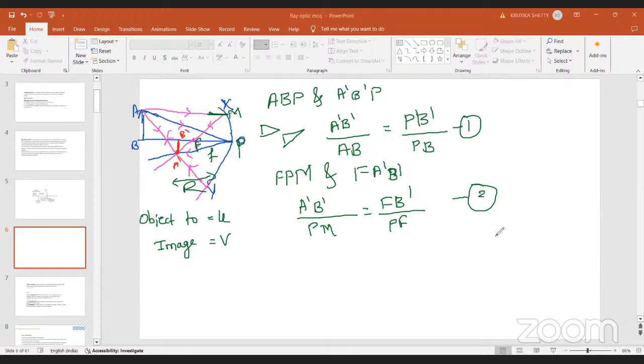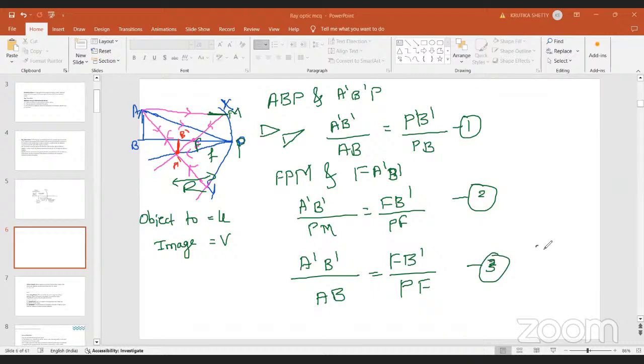Now from equation 2 we can also write A'B' divided by PM, and PM I'll write as equal to AB, which is equal to FB' divided by PF. This is equation 3.